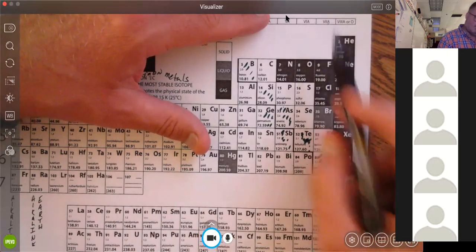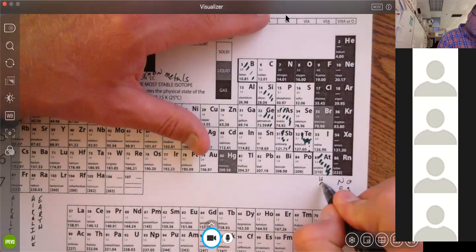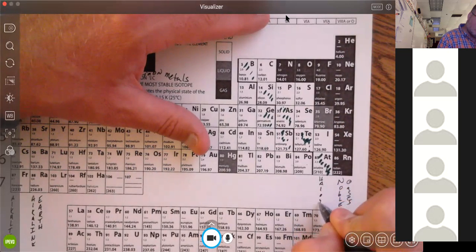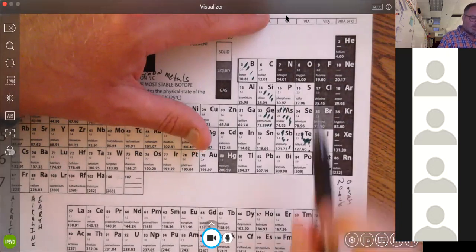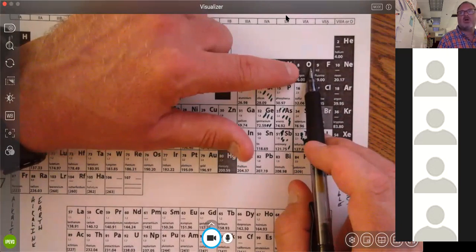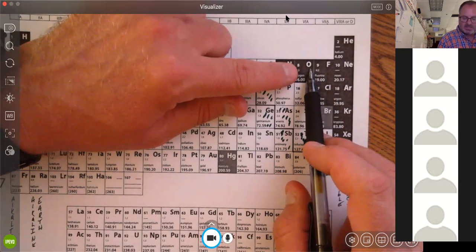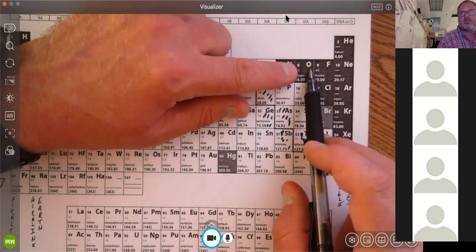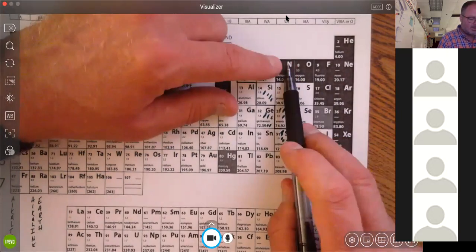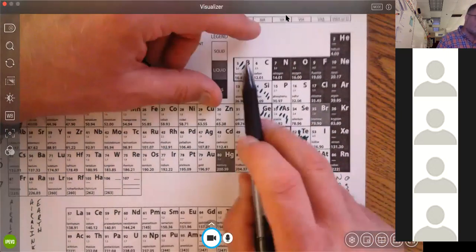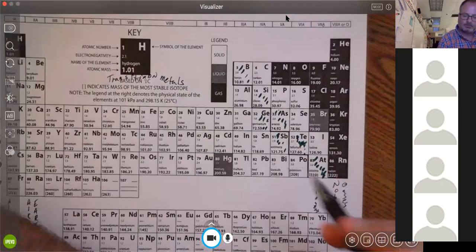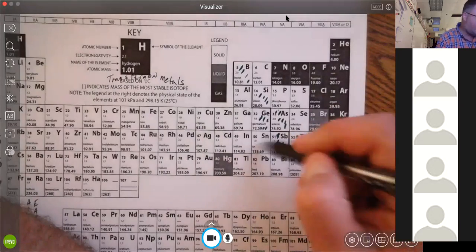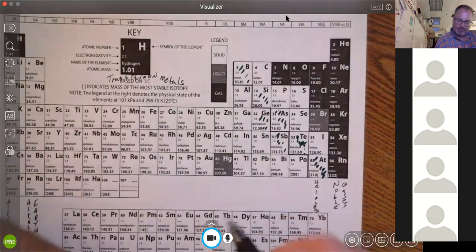Group 7A is called the halogens. And group 6A is called the chalcogens. But nobody calls it that. Everybody calls it the oxygen family. And this is the nitrogen family, the carbon family, the boron family. Families go up and down, periods go left to right.